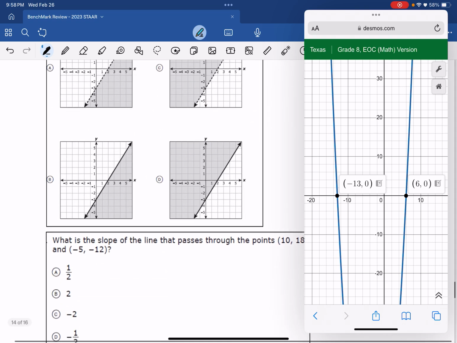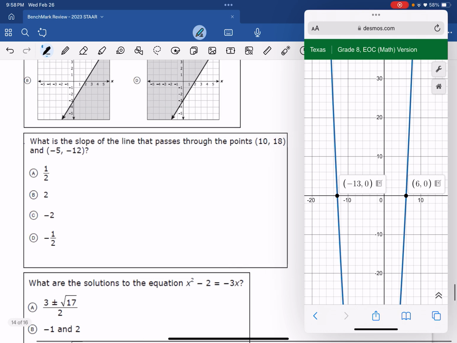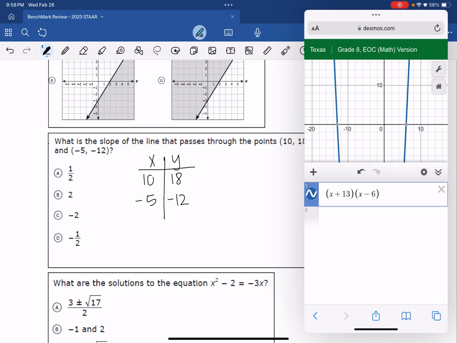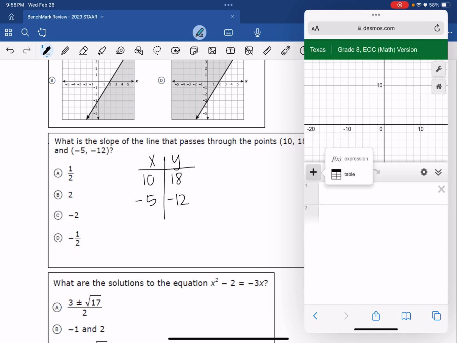Remember to solve for y before you graph. If I'm looking for the slope or even an equation that passes through 2 points, you can use Desmos. You don't have to do this by hand or use the slope formula. You just create your own table. You only need 2 points to create a line. So let's run this back with a table.